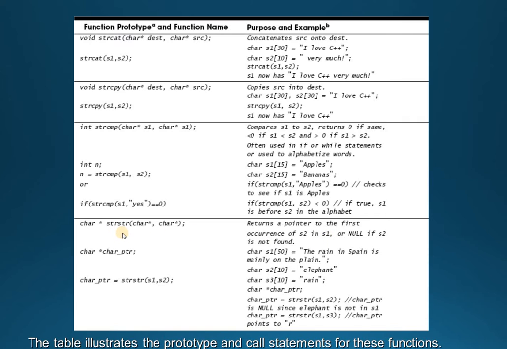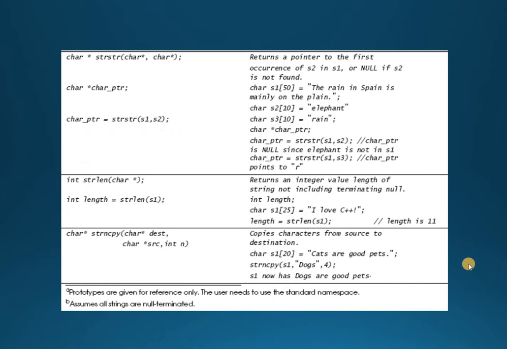This is like the find function in C++ string objects, where we are searching for the character or a string from S2 in S1. This is a continuation of that description.